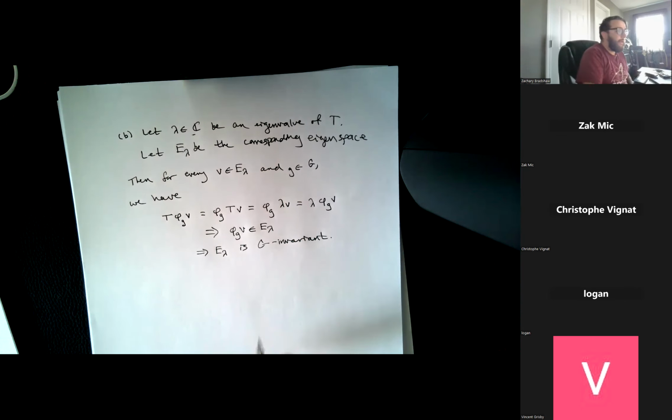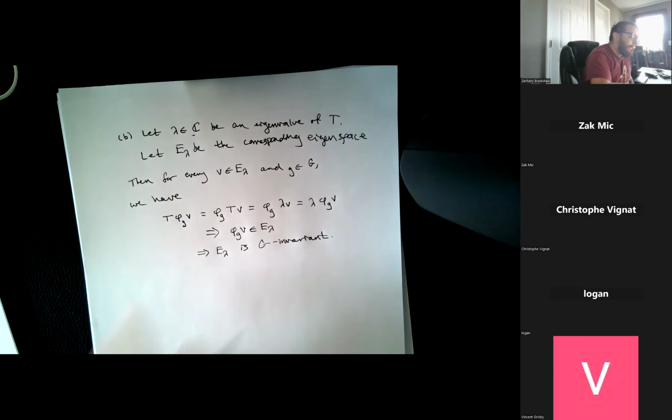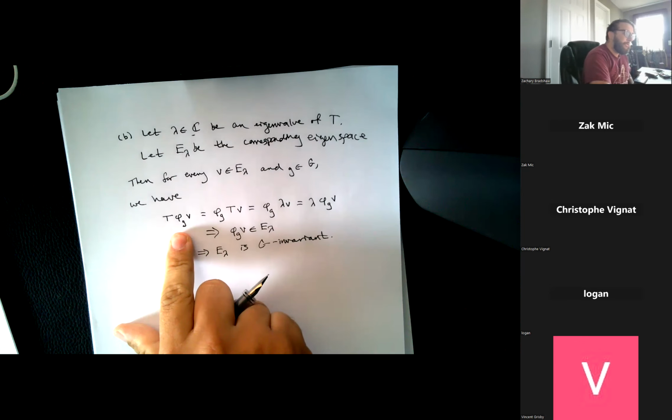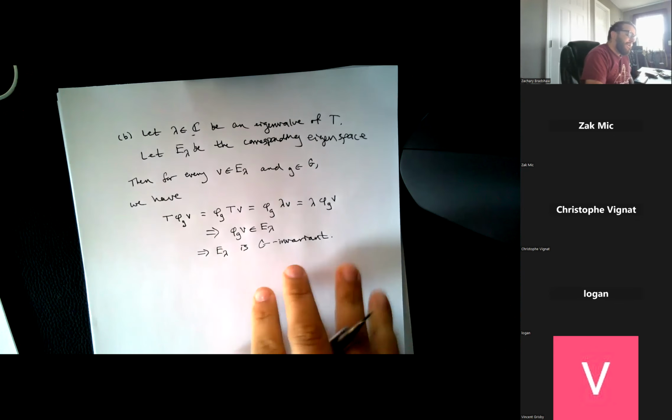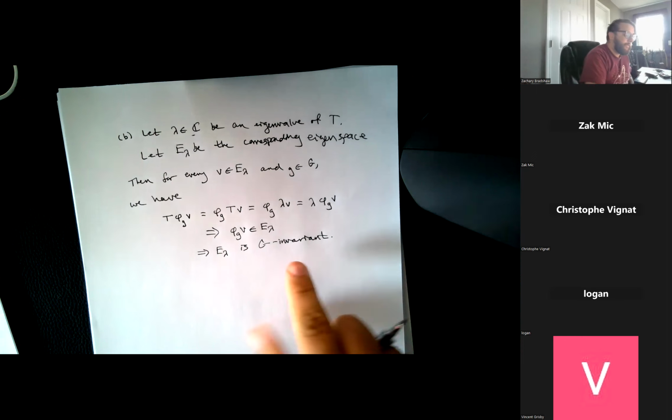Okay, well, once again, what I'm going to use is the fact that my representation is assumed to be irreducible. That means that the only G invariant subspaces are 0 and V itself.